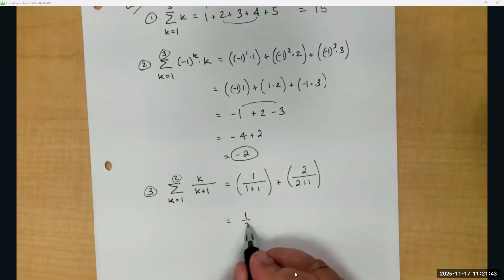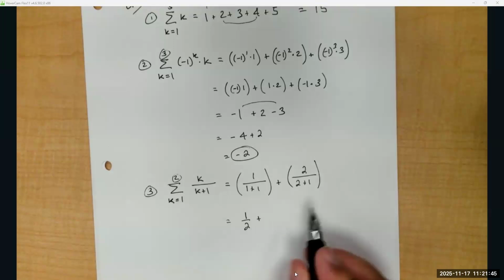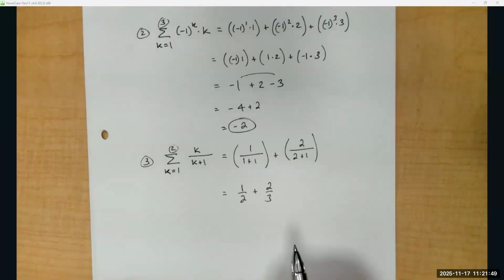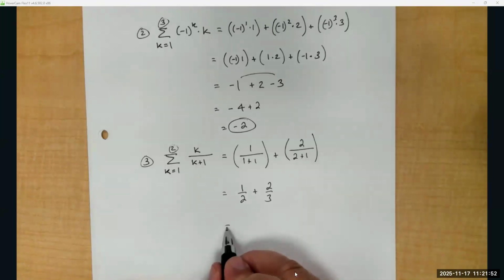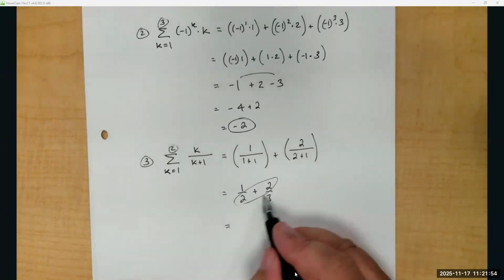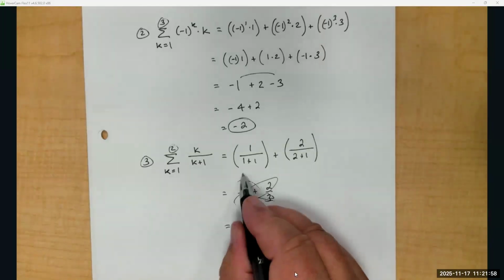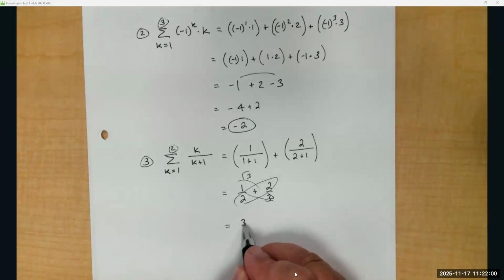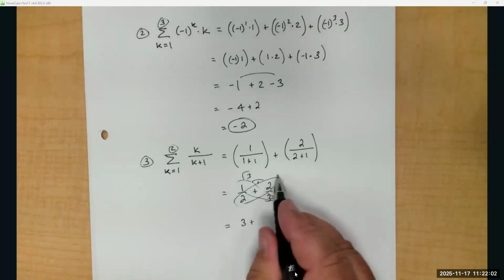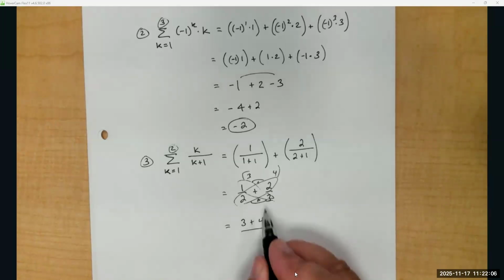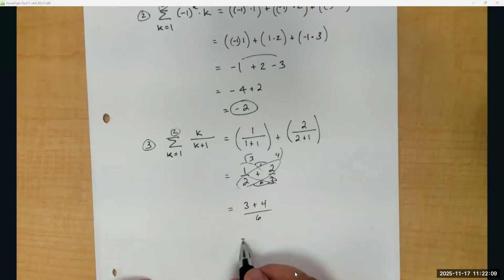So we get 1 over 2 plus 2 over 3. Add them, we get 3 plus 4 over 6. So it's 7 over 6.